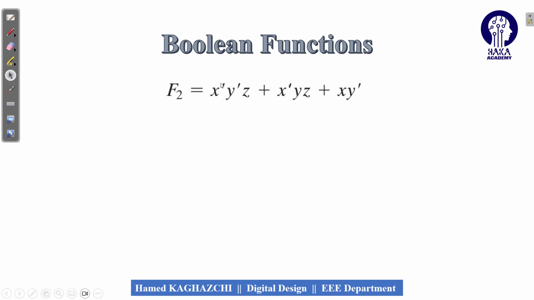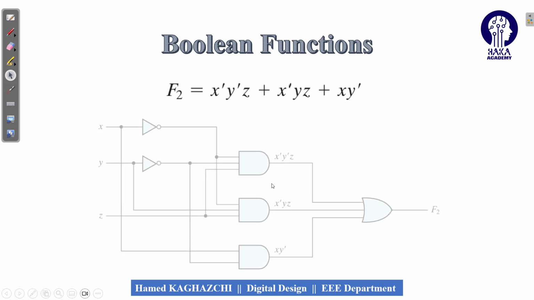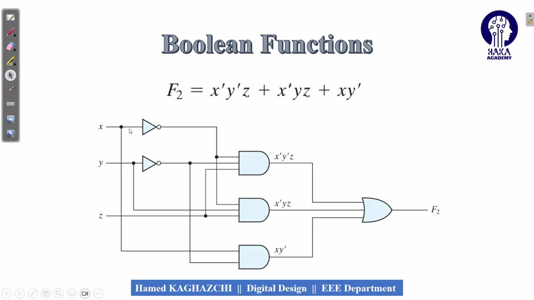Here we have x prime, so I need NOT gates for the x prime and the y prime. For these 3 I need 1 AND gate. Similarly, for these 3 I need an AND gate. For these 2 I need an AND gate. Then at the end, all of the terms have to be ORed.